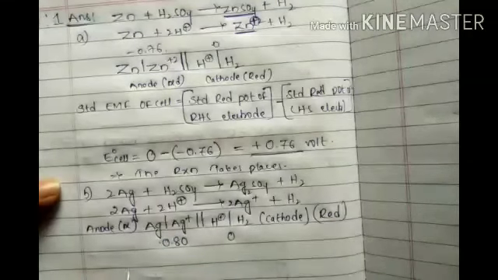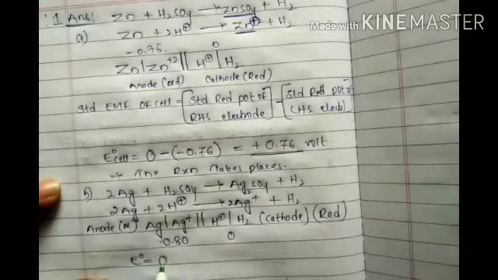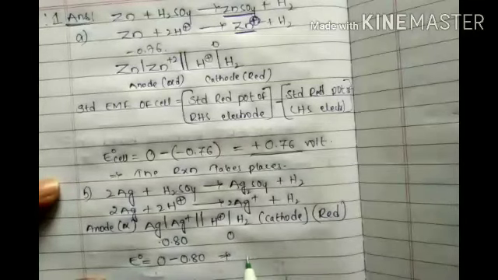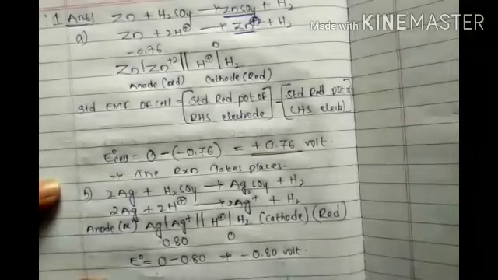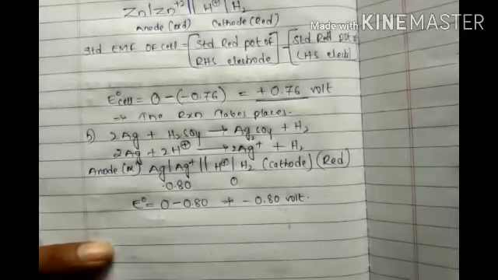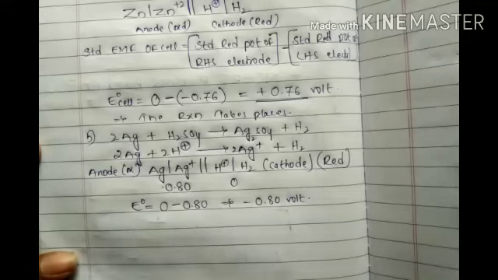So E naught cell equals cathode minus anode, which comes to minus 0.80 volt. So here the EMF of the cell comes out negative.